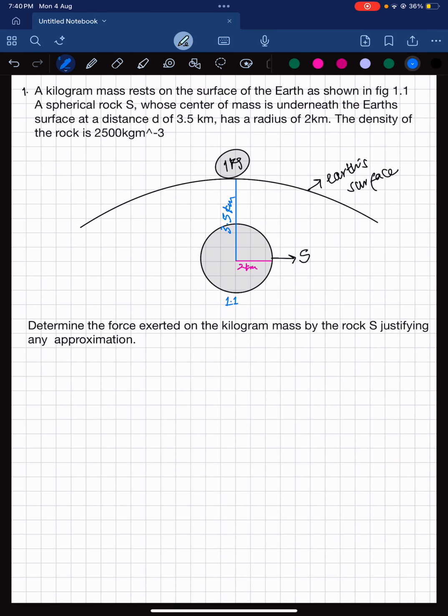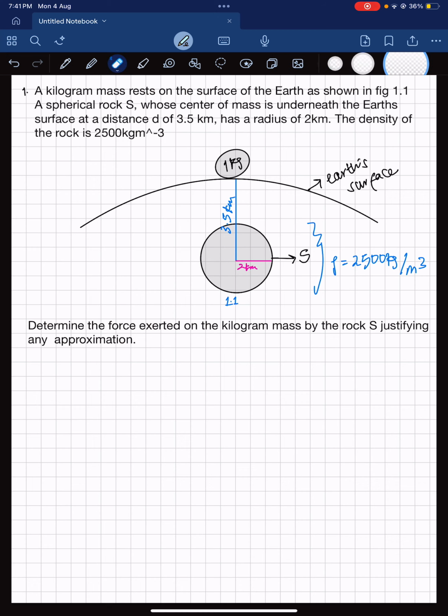And also the density is 2,500 kilogram per meter cube. Determine the force exerted on the kilogram mass by the rock S, justifying an approximation.